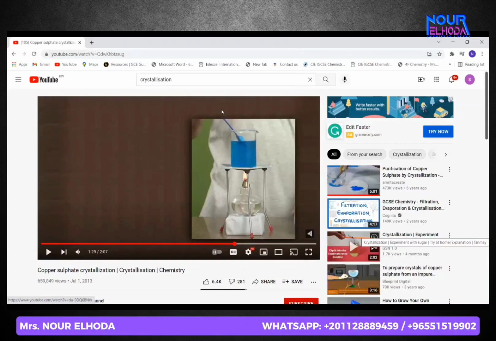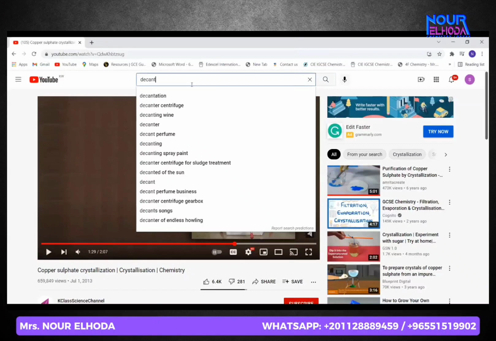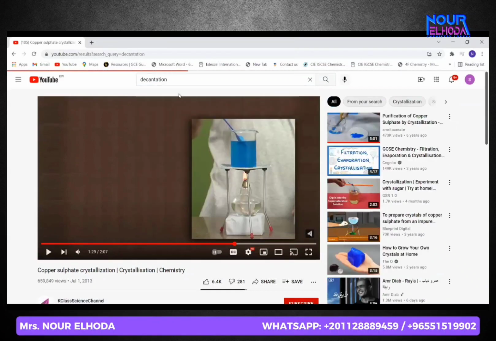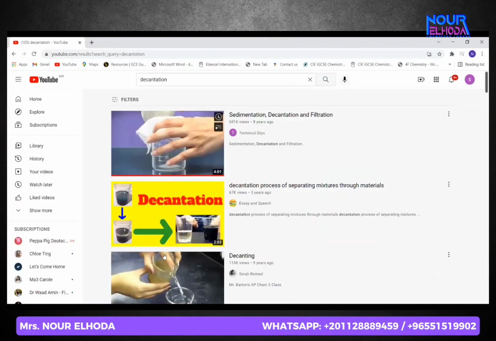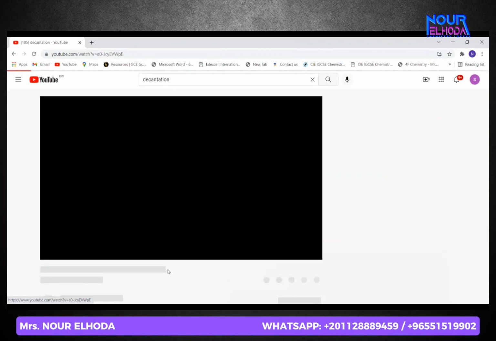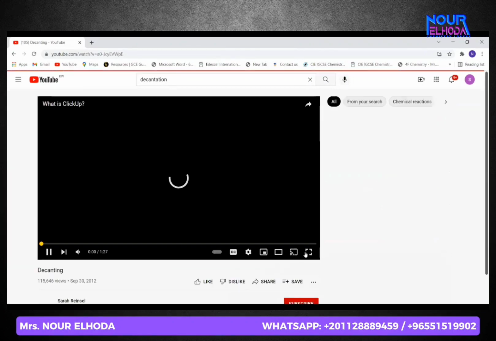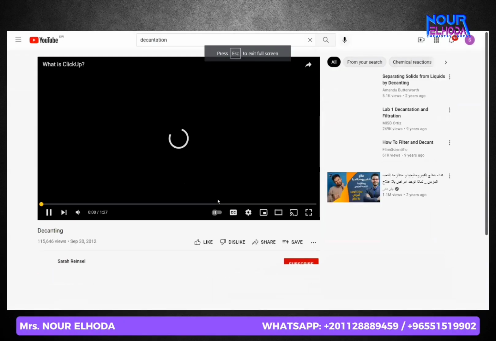So what I'm going to do is separate water and mud, or water and sand, by something called decanting or decantation. It's a very simple process.